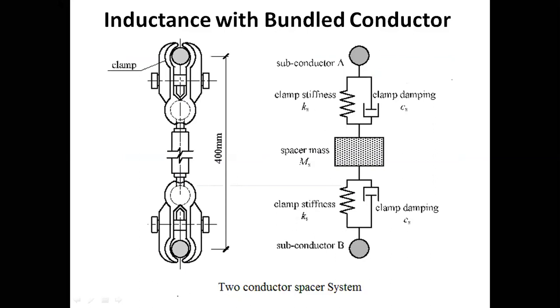This is just like a control system diagram. We are using some damping and spring along with some spacer mass, and for the lower conductor of the bundle we are using some spring and damping. So this is the construction.